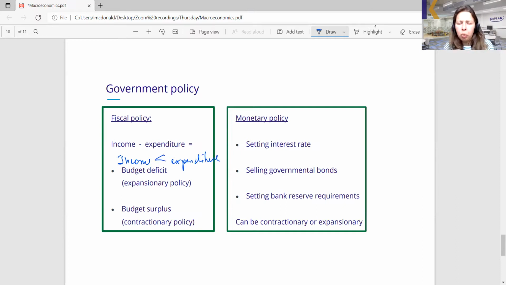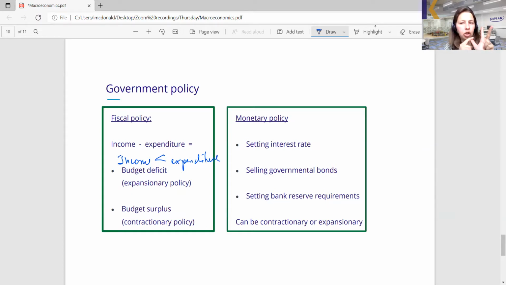Why would government want to spend more than it receives? And if we flick back to something we've seen in the previous slide, remember that in a domestic economy, there are three participants that we need to know about: the individual consumers, investment by firms, and the government.